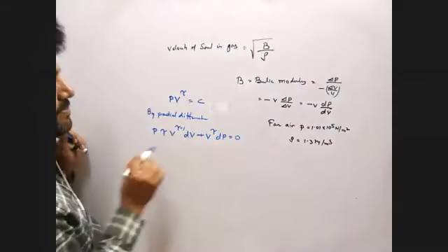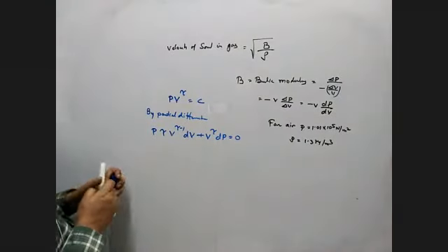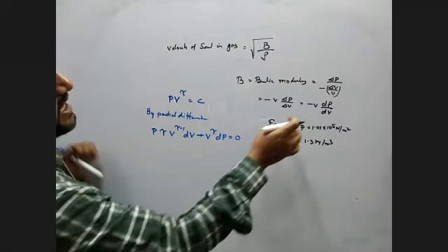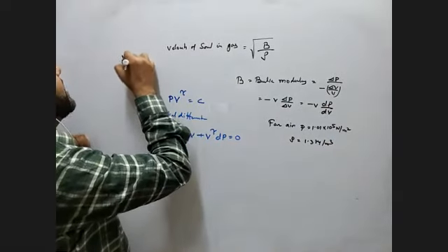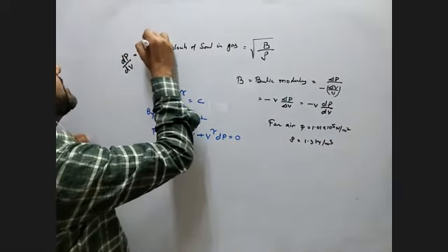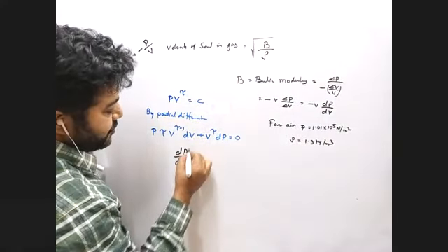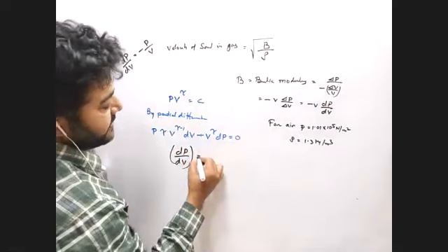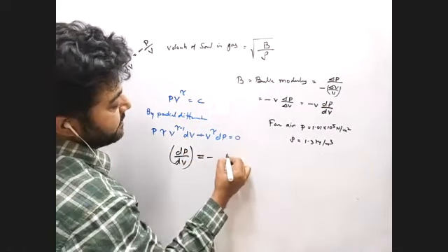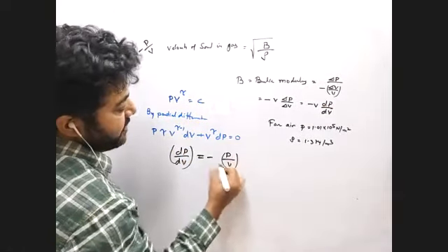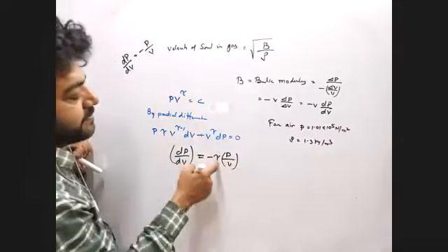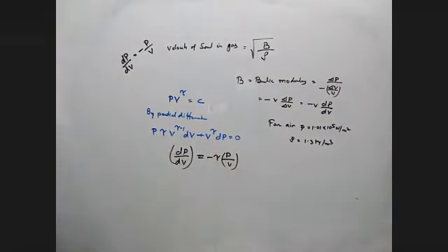Now you can remember one thing to save your time. Last time, dP by dV was minus P by V. And this time, if you solve it after arranging, you get minus P by V, everything is the same. You have an extra gamma. Clear? You can check it, you get the same value.